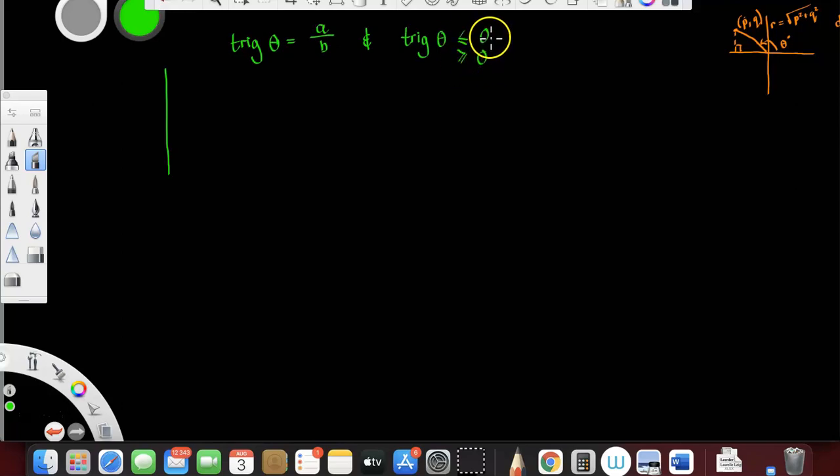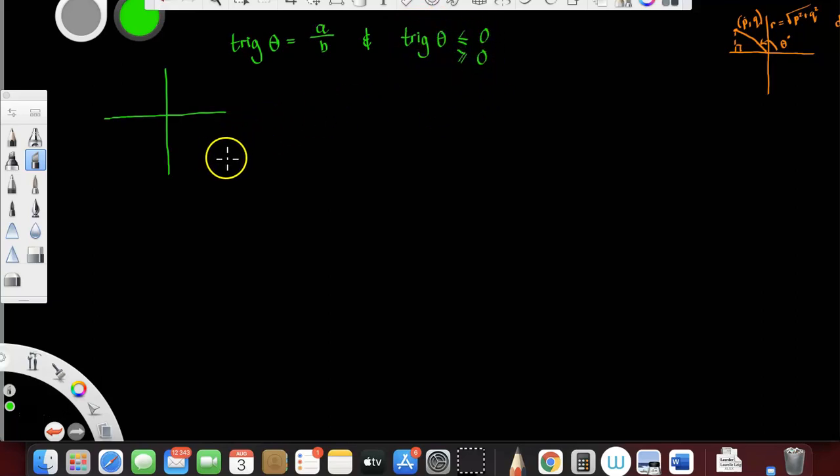So you know whether or not it is positive or negative. They will always give you two pieces of information. One will be some trig ratio, a sine, cos, or tan, that can be simplified, and then another element where you know whether it's positive or negative.